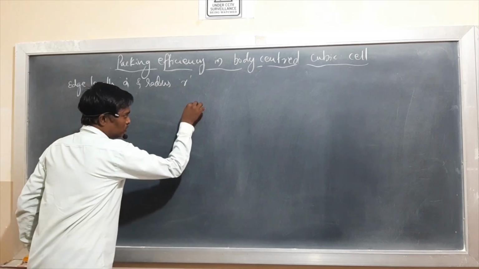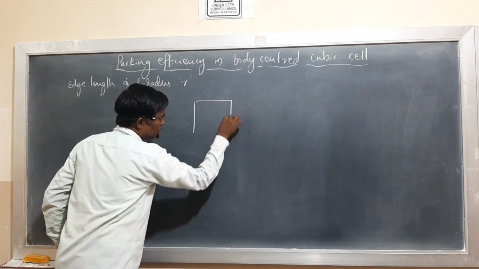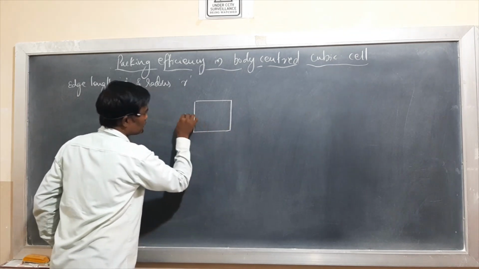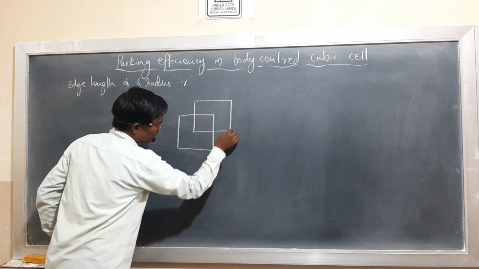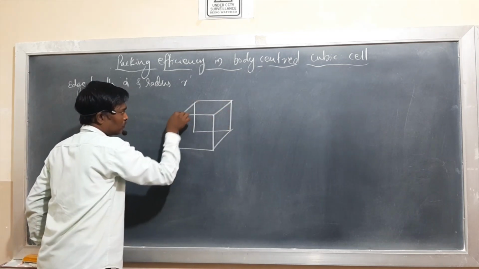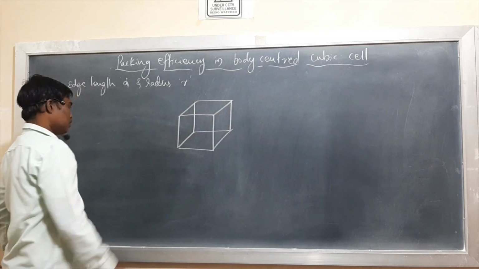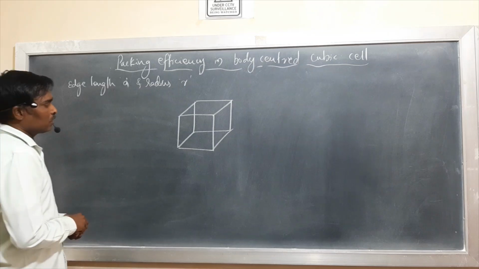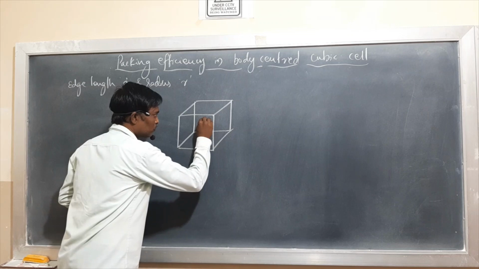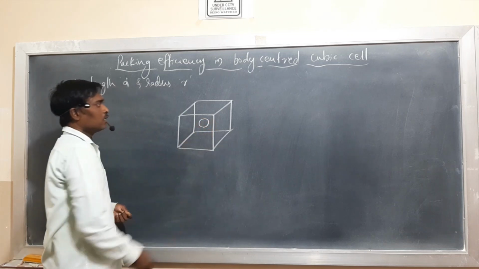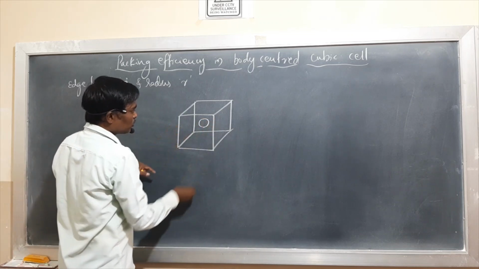Okay, so this is the unit cell, this is the cube. Here is the particle present at the center of this cube, and these are the two diagonally opposite corner particles.